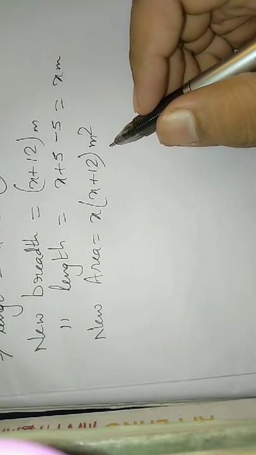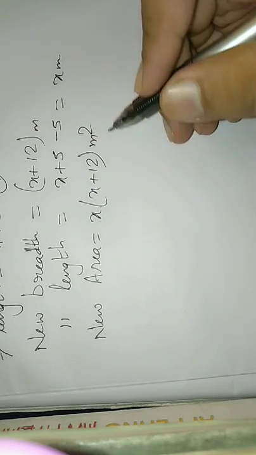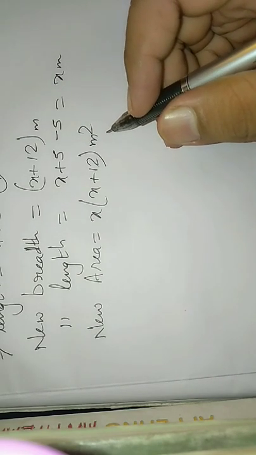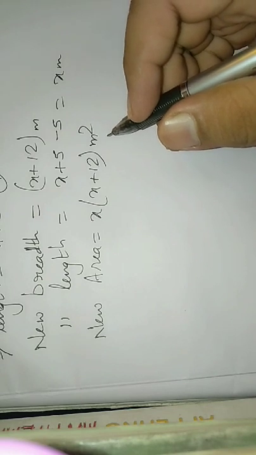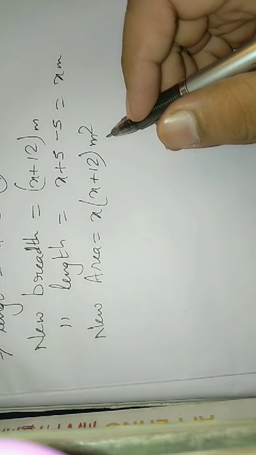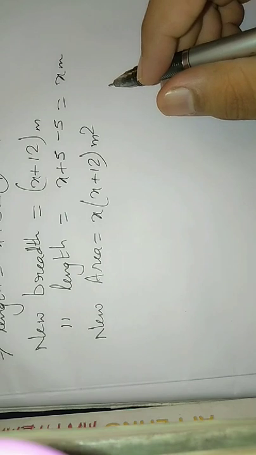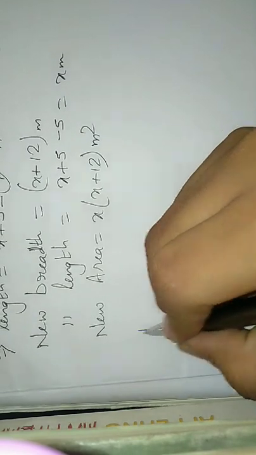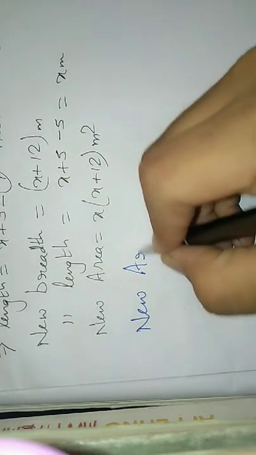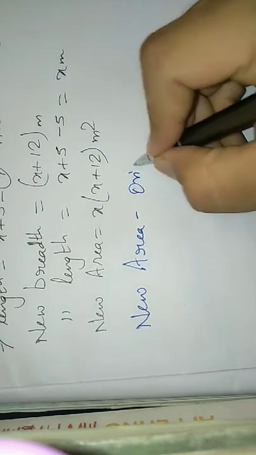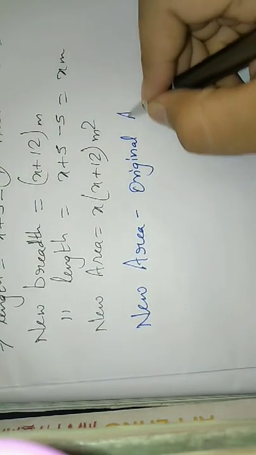So what they're saying finally, that if the breadth is increased by 12 meter, and the length is decreased by 5 meter, then the area of the field is increased by 140 meter square. Means this new area will get increased by 140 meter square. So new area minus original area is equal to 140 meter square.